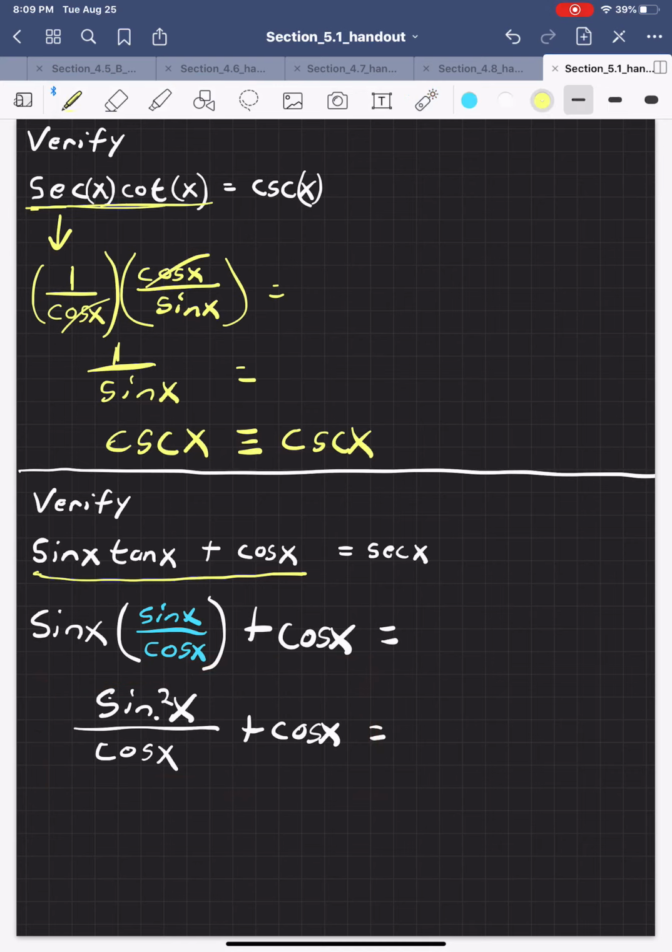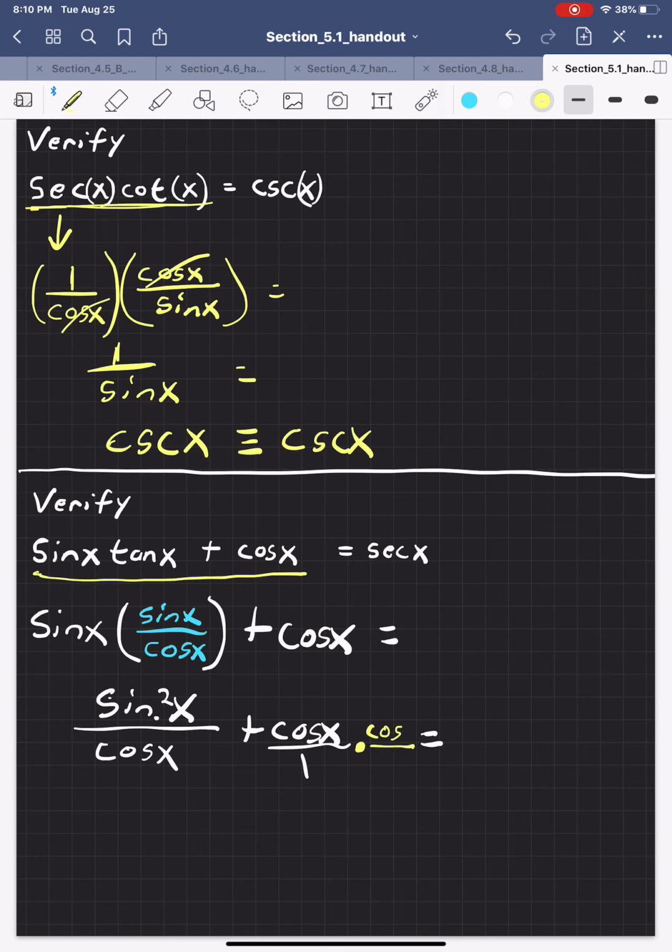If it makes it easier, I can write cosine as cosine of x over 1. And now let's think about how we would proceed here. I'm going to scoot this equal symbol to the right a little bit to give me more space. If I have two fractions and I want to combine them, then I need a common denominator, right? In this case, the common denominator would be cosine of x.